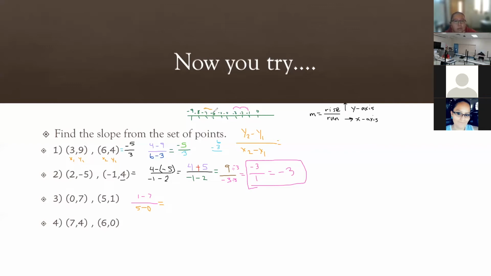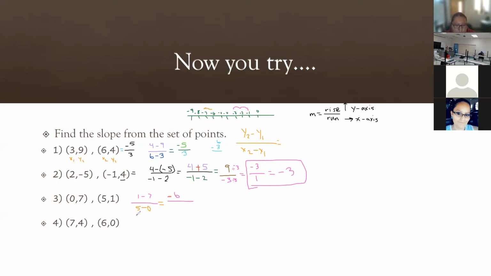The only reason why we're moving this way is because our 1 is a positive. The one before, they were both like negative numbers. That's why we moved the opposite way. So if you guys were wondering on that, that was the reason why. So this became a -6, negative 6.